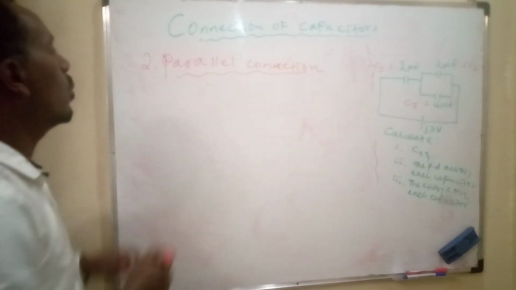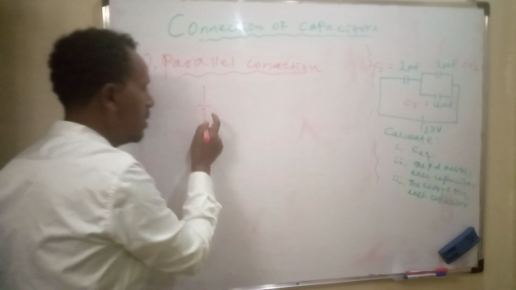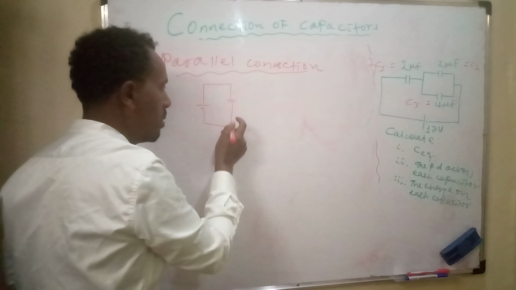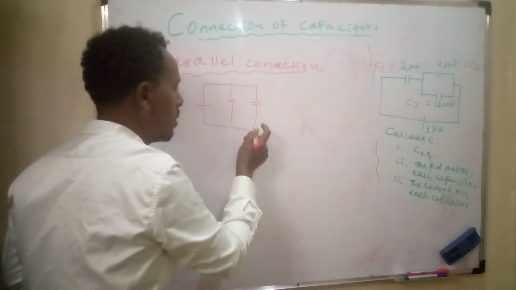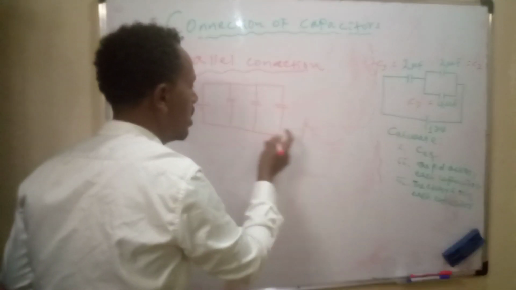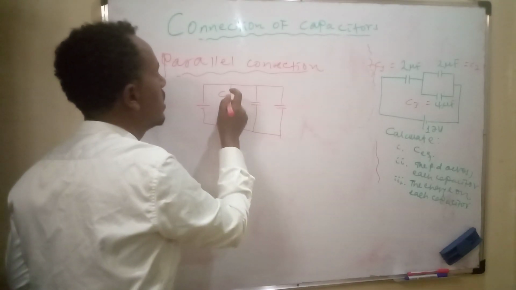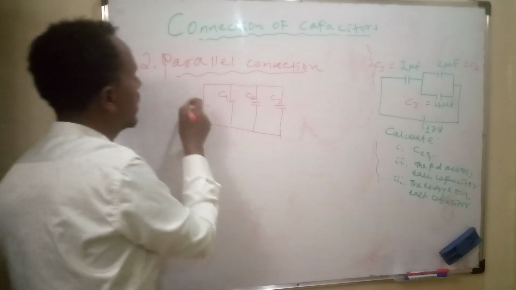When capacitors are connected in parallel, just like this, let's say this is the battery or source, capacitor 1, capacitor 2, capacitor 3, C1, C2, C3, and V.